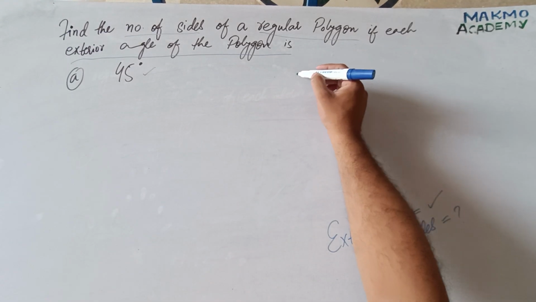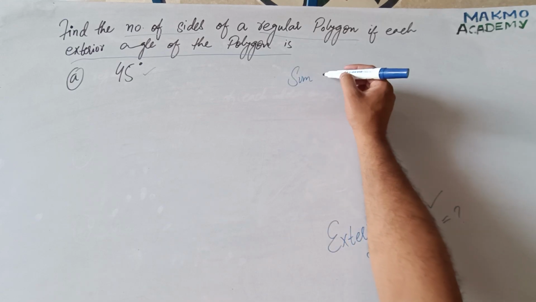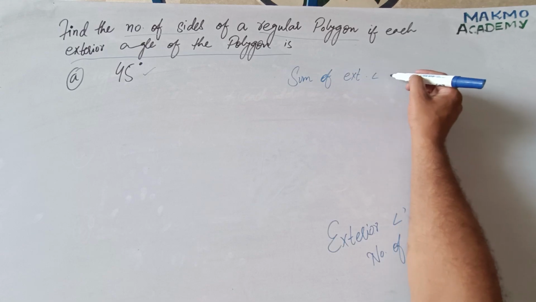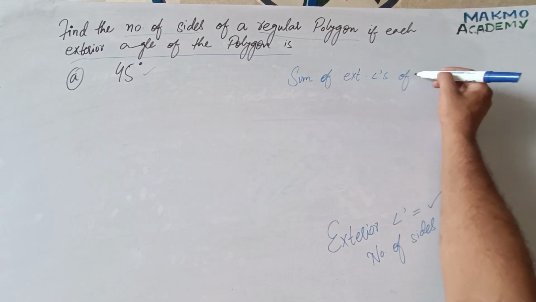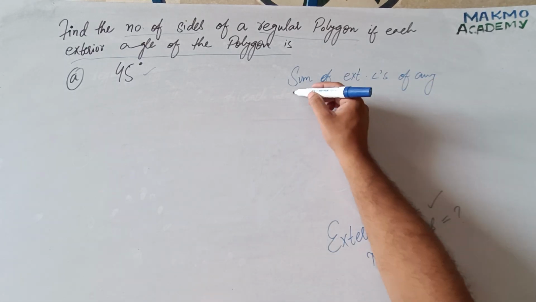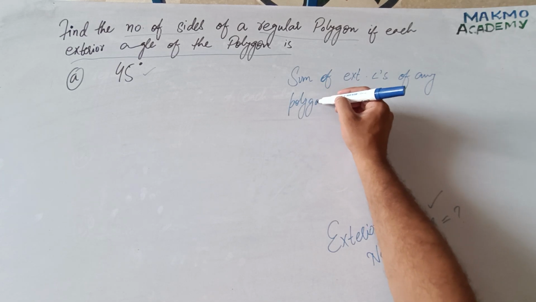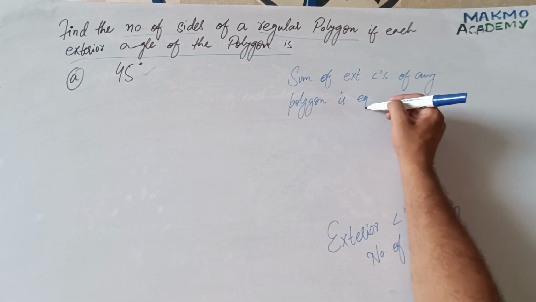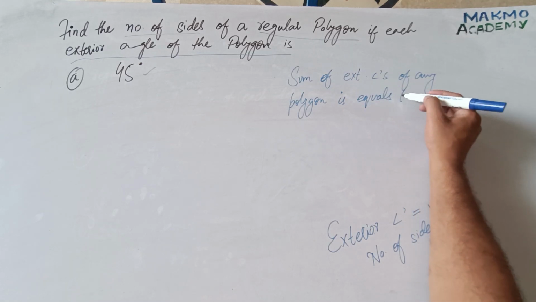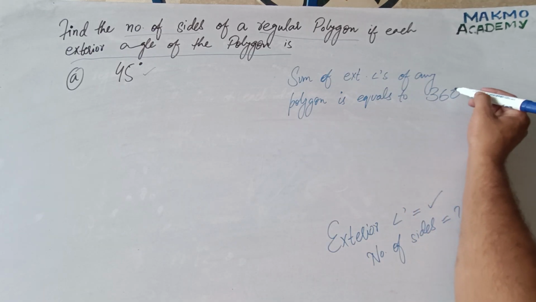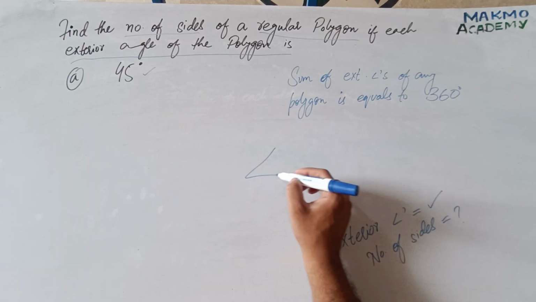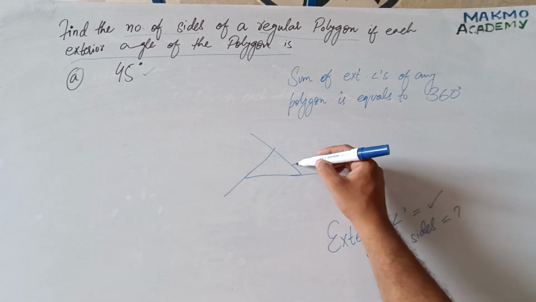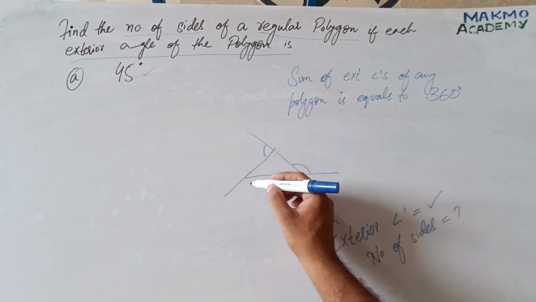Just one thing is very important: the sum of exterior angles of any polygon, whatever the number of sides, is equal to 360 degrees. How does it equal 360 degrees? Let's make a triangle with exterior angles. This is one exterior angle, this is the second, and this is the third.